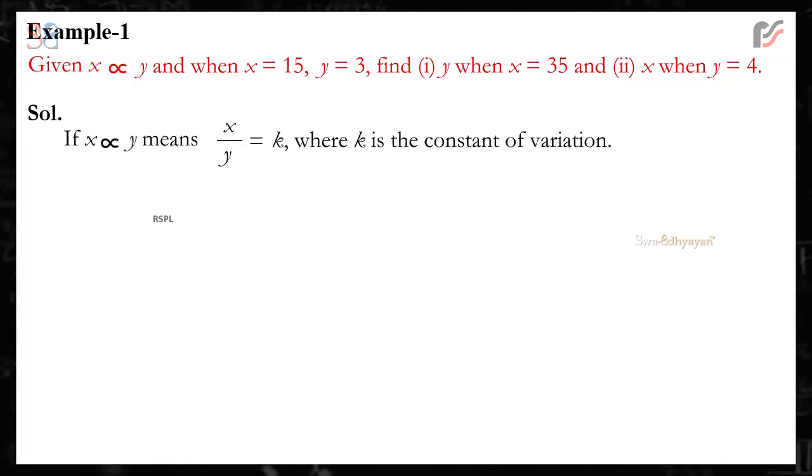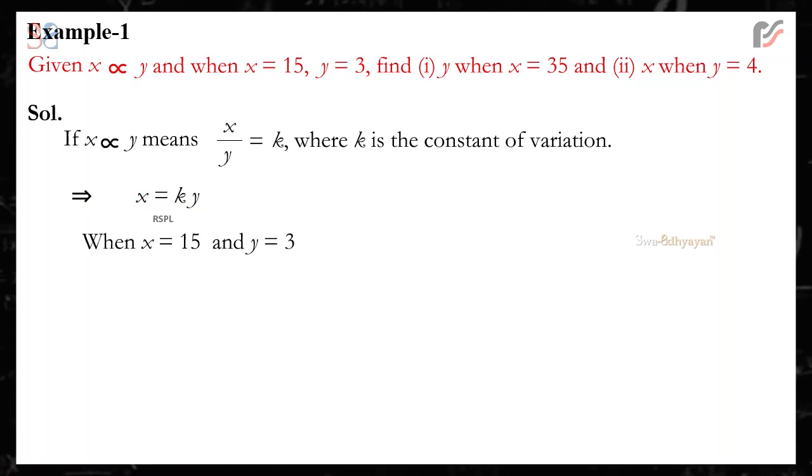If x is proportional to y, it means x upon y is equal to k, where k is the constant of variation. This implies that x is equal to ky. When x is equal to 15 and y is equal to 3, this means 15 is equal to k times 3, or k is equal to 5.